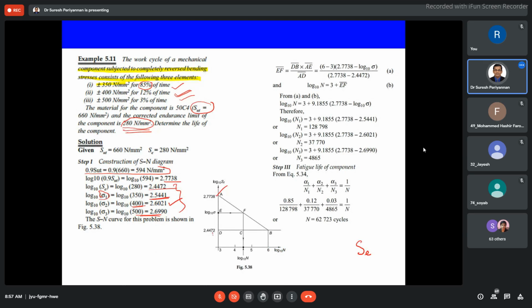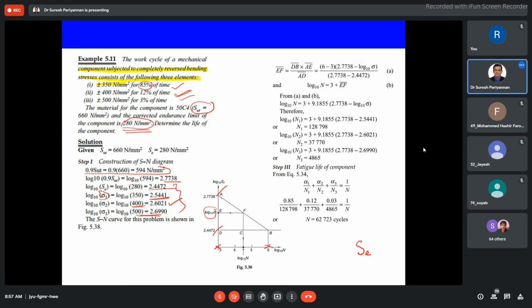This is based on minimum Se, our endurance strength. This is our corresponding stress cycles, endurance stress cycles. We are always considering high cycle fatigue. Now we are finding the life of the component, but the component is subjected to more than one stress level, three stress levels.